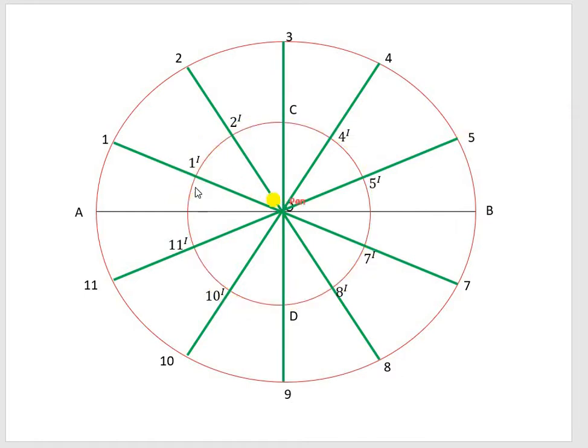For example, when the line is touching at the inner circle, the first will be 1 dash, second 2 dash, third will be the same as C, fourth will be 4 dash, 5 dash, then here I have not given, you can give here 6 dash, and 7 dash, 8 dash, and 9 dash I have not given because D is already there, and 10 dash, 11 dash, and here you can give 12 dash if you want. So in this way I got all these points 1 to 11 and 1 dash to 11 dash. Now let us see the next step.